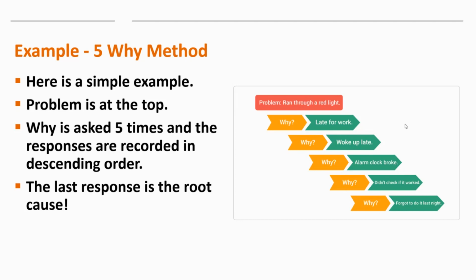That is why we say that the 5 why method is the most effective method to find the root cause of a problem.